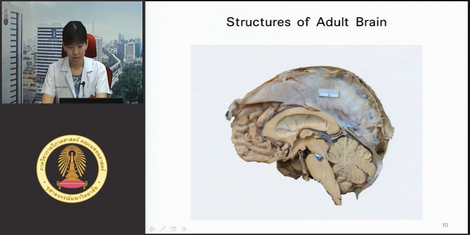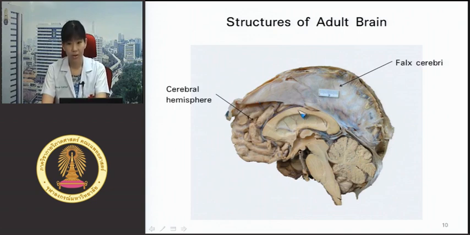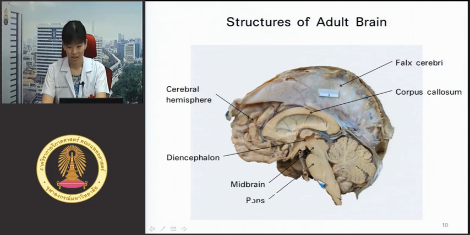The median sagittal section of the brain shows the falx cerebri, which lies deep in the longitudinal fissure and separates the left and right cerebral hemispheres. Both hemispheres are interconnected by the corpus callosum. In the median sagittal plane, observe the diencephalon, midbrain, pons, medulla, and cerebellum.